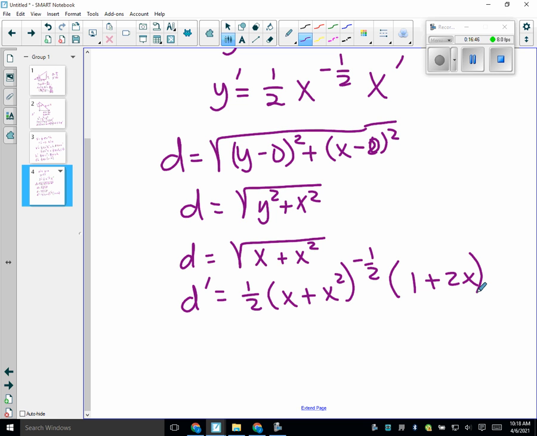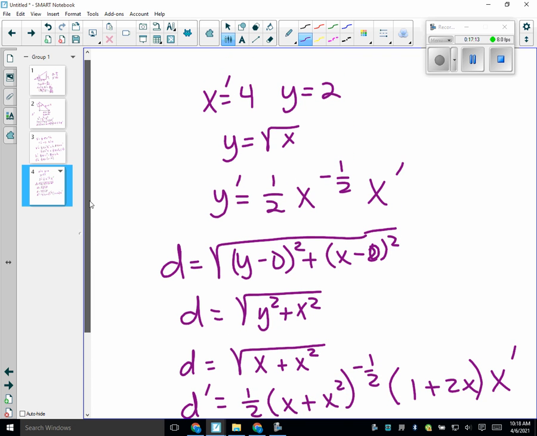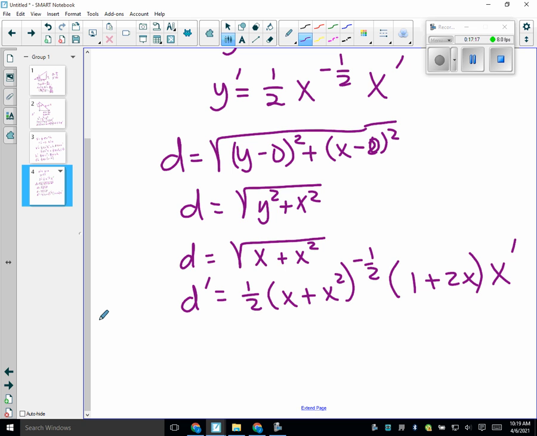And I must have an x prime because x is changing. Do we know x and x prime? They're both 4, if we said y is 2.